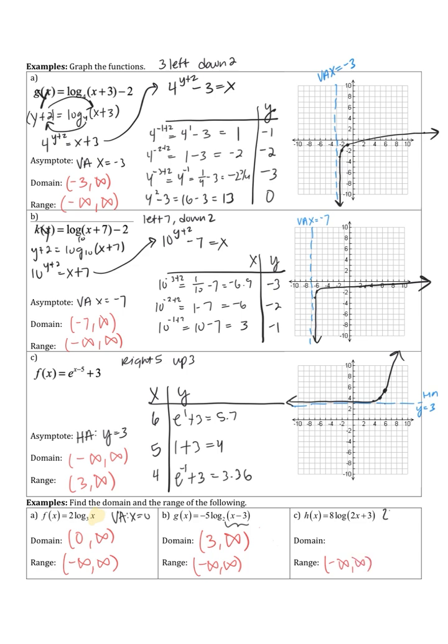We can just take 2x plus 3 and set it equal to 0 to find out where x cannot equal. 2x equals -3 and x equals -3 over 2. Since there's no reflection over the y-axis or anything like that, I know that we're still going to exist from the vertical asymptote to positive infinity. So this graph is going to be existing from -3 over 2 to positive infinity.